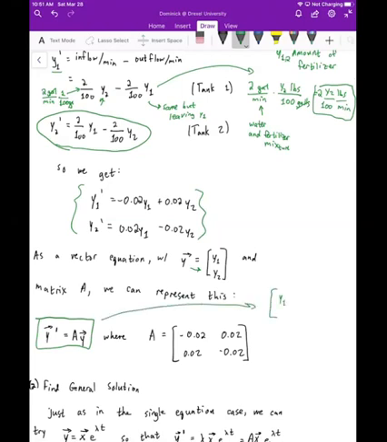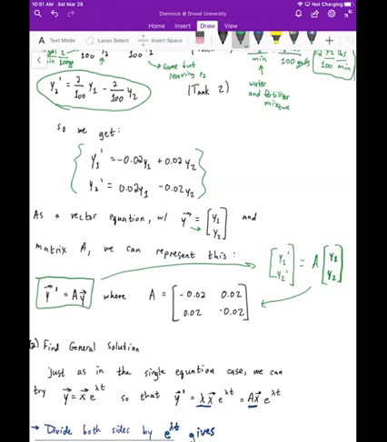We have y1 prime, y2 prime is equal to our coefficient matrix A times y1 and y2, right? And of course, your coefficient matrix A is just going to be given by this. All right, so now we've set up the model. Okay, so our model is represented by a matrix equation.